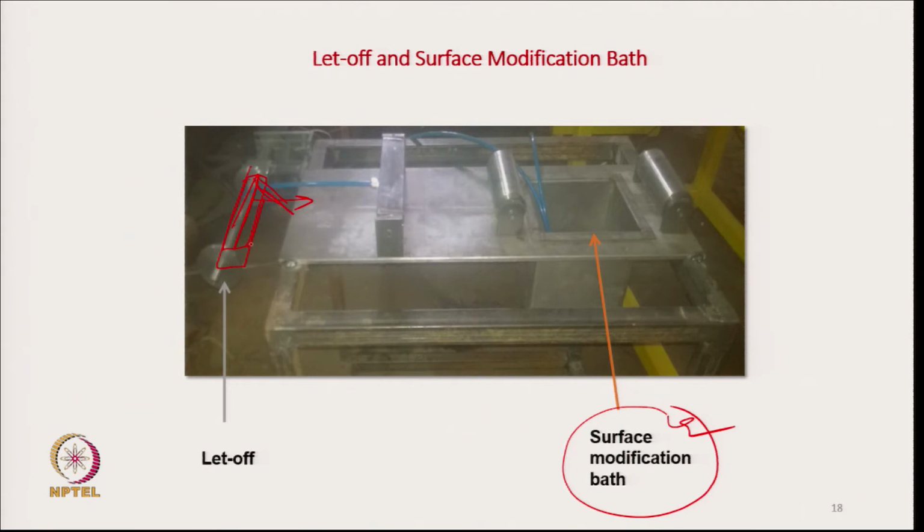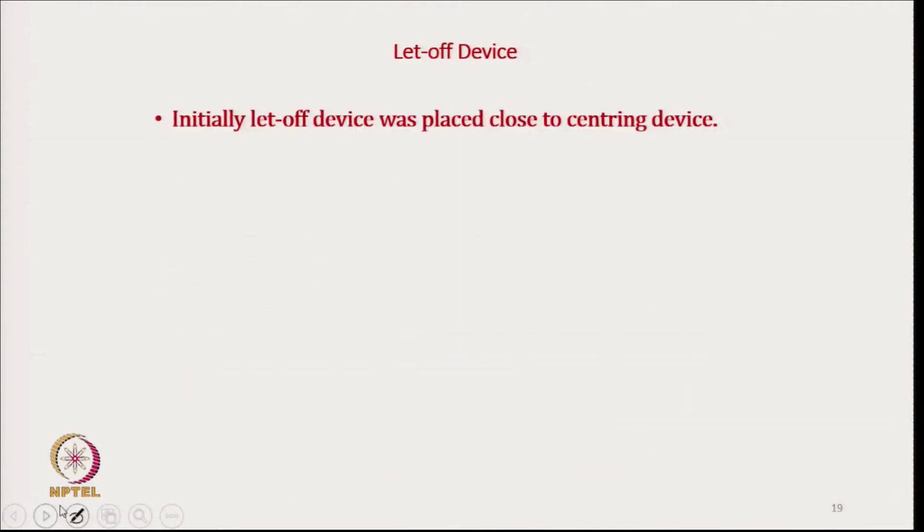So, a lot of tension variation was there and also there was a high tension variation at the entry point. So, to avoid this, the let-off system has been brought down close to ground, so that the tension variation was reduced.